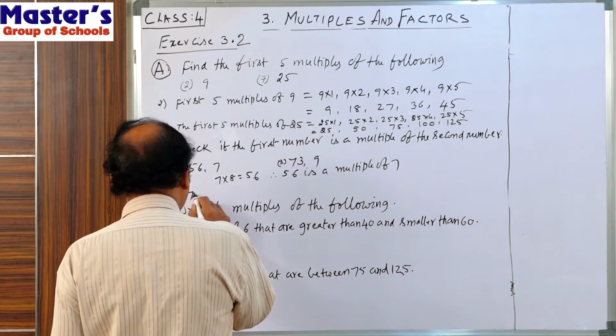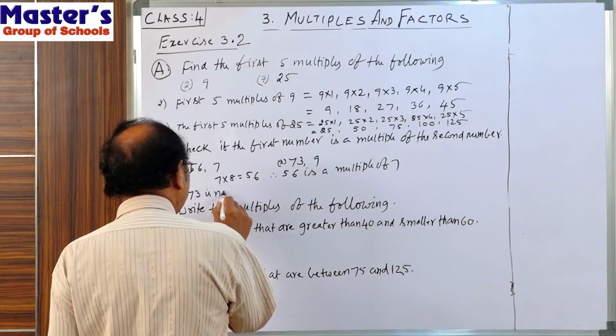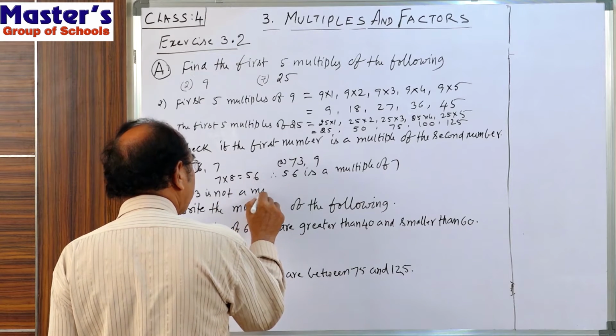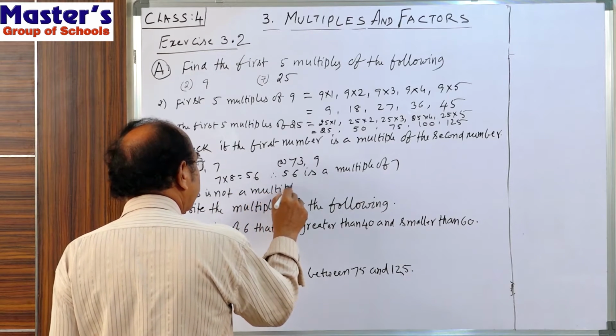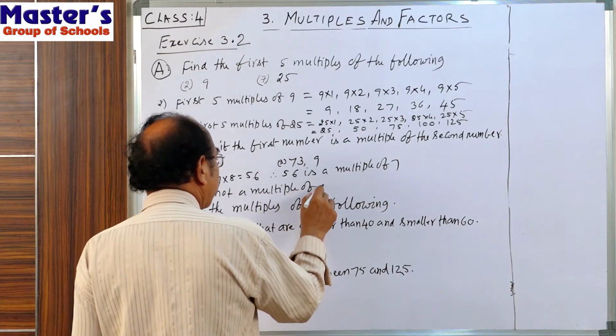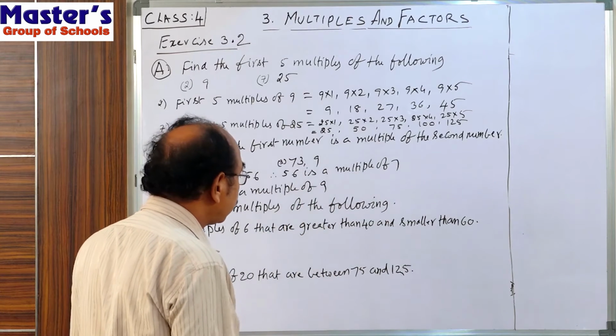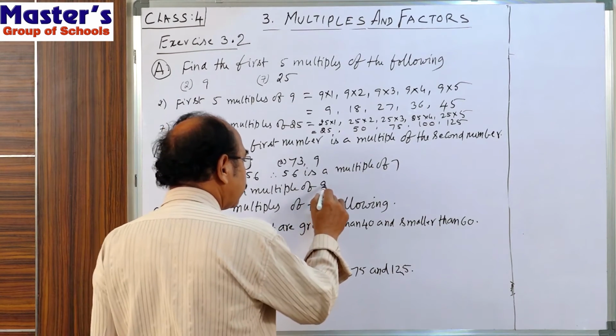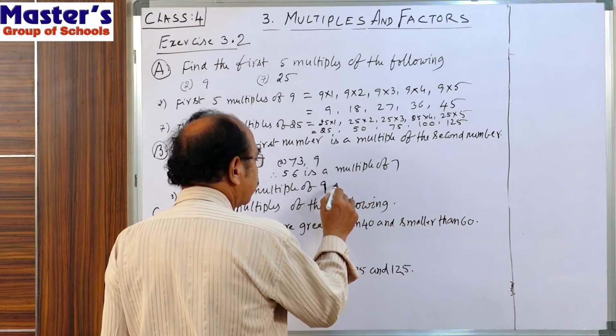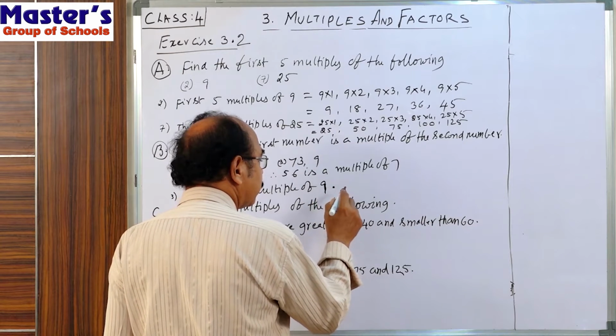What do we say here? 73 is not a multiple of 9. What is the reason? Here you write the reason also.